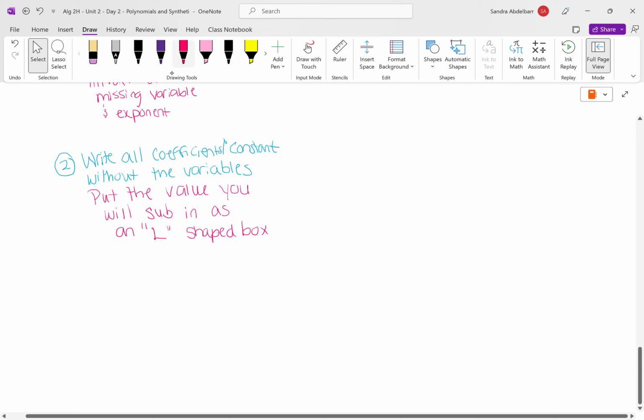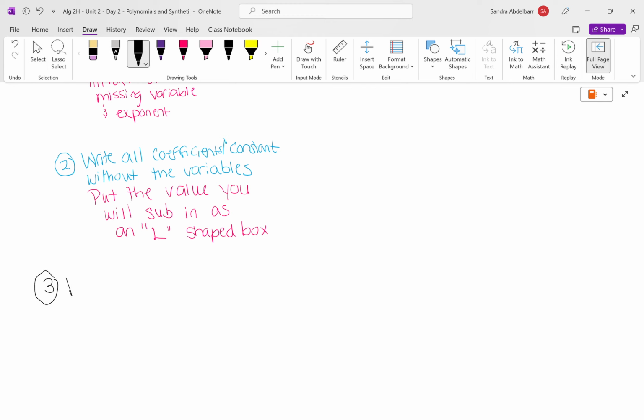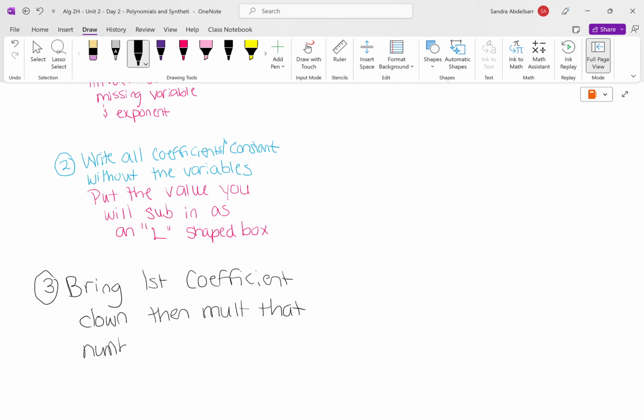Now that you've done that whole setup, we're going to start solving. We are going to bring the first coefficient down. Then multiply that number with the number in the box.